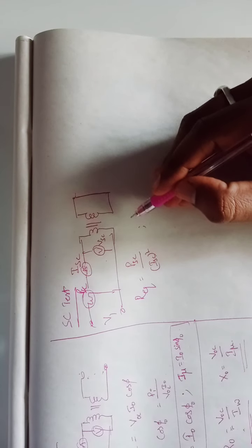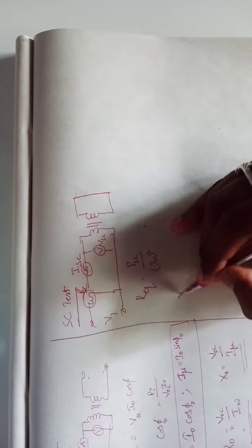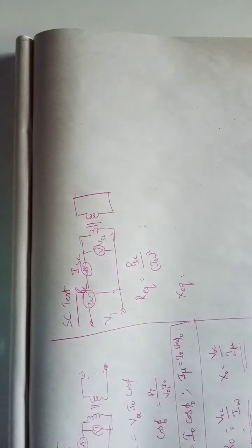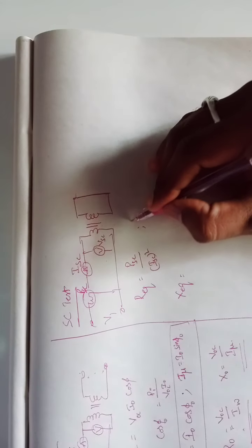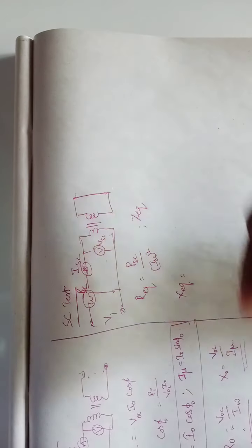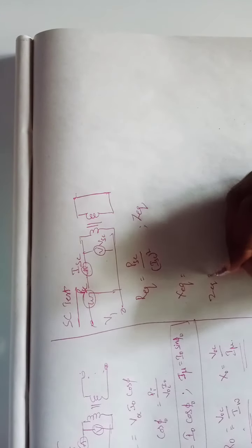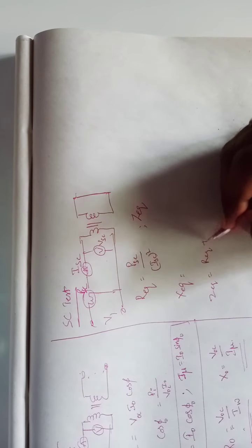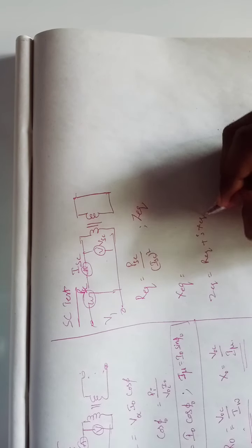Similarly, if you want to find the X equivalent, before that you need to find the Z equivalent. You know that Z equivalent is equal to R equivalent plus j X equivalent.